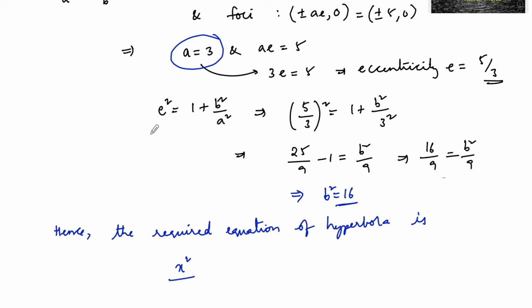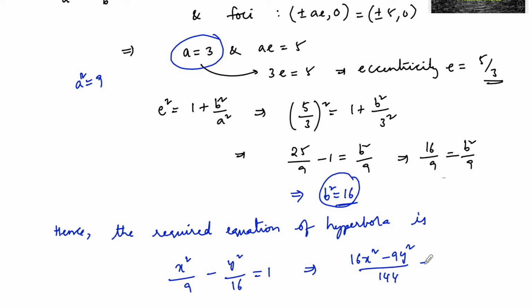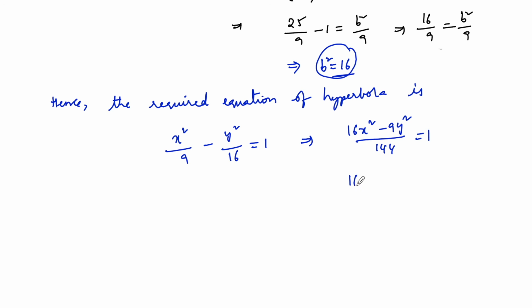Since a is equal to 3, so a square is equal to 3 square, 9, minus y square upon b square value is 16, which is equal to 1, or we can simplify and write 16x square minus 9y square upon 144 is equal to 1. We can give the answer as 16x square minus 9y square is equal to 144 is the answer.